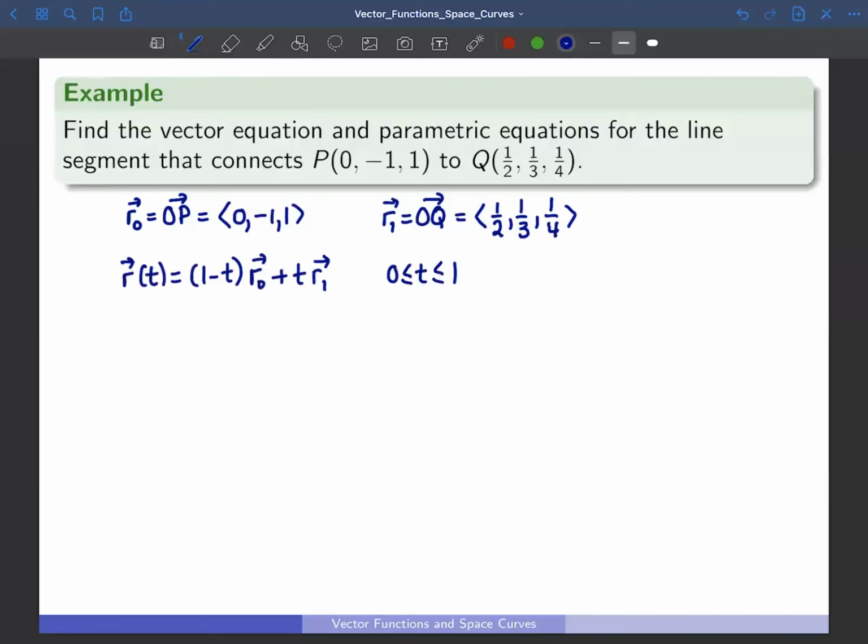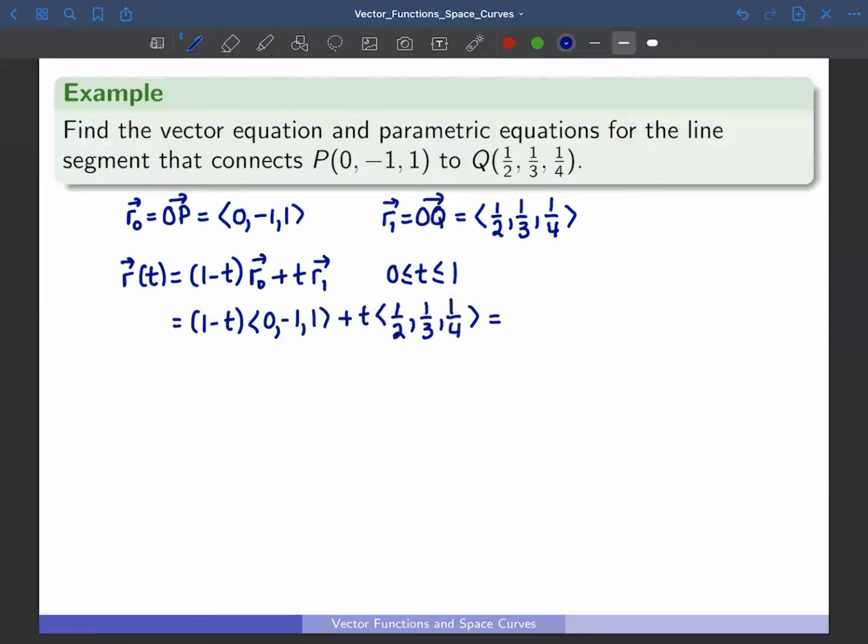If we substitute the position vectors r0 and r1, we have 1 minus t times the vector with components 0, -1, 1, plus t times the position vector r1 with components 1/2, 1/3, and 1/4.